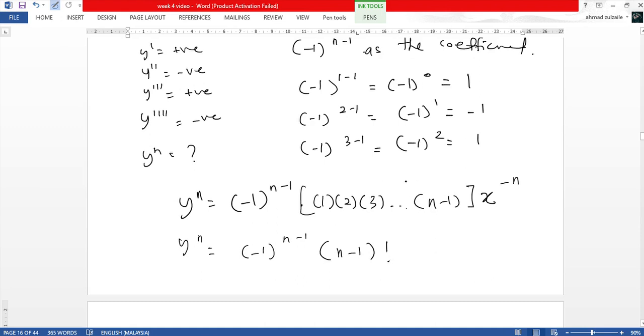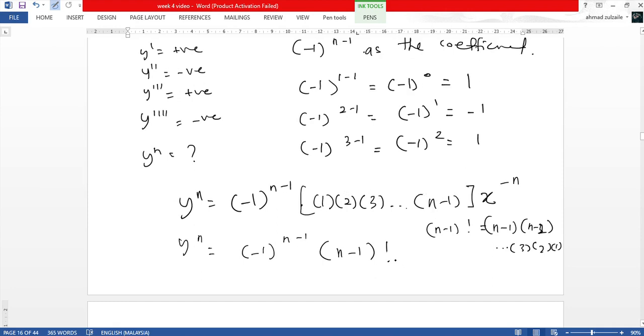Remember, for the factorial, n minus 1 factorial is n minus 1, n minus 2, down to 3, 2, 1. Actually it's the reverse process: for the factorial it goes in descending order from biggest to lowest, but this one uses ascending order from lowest to highest.